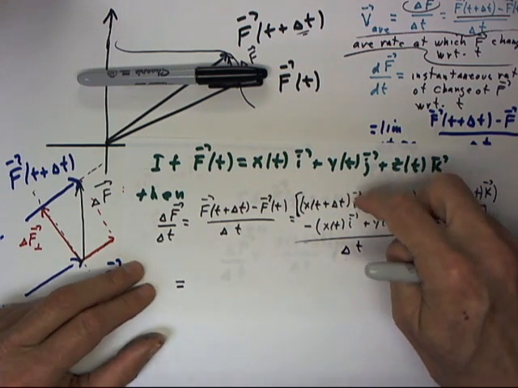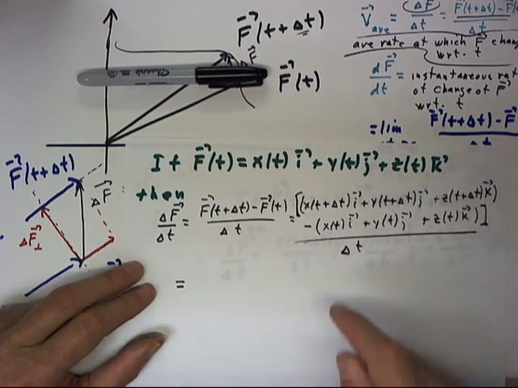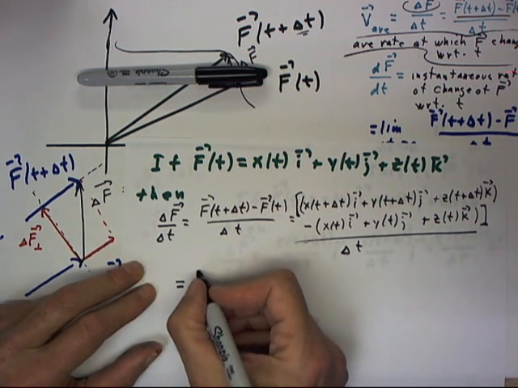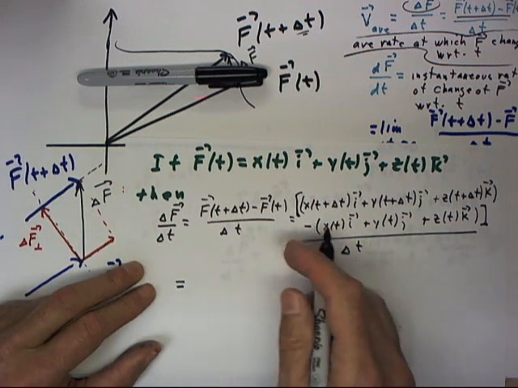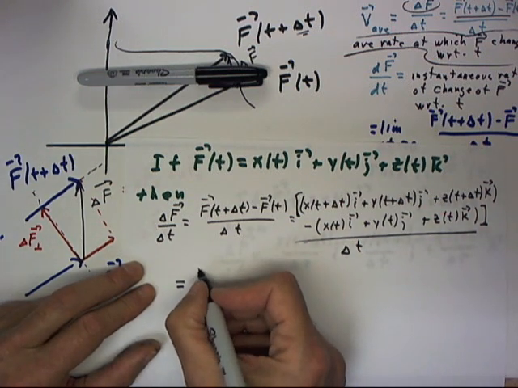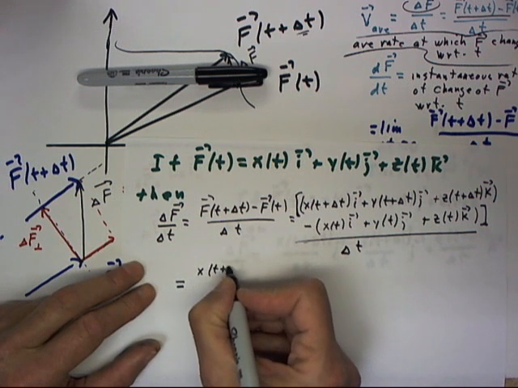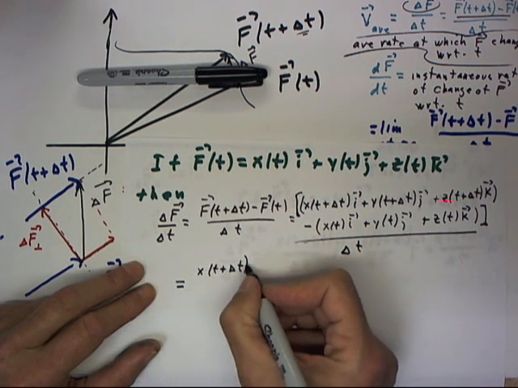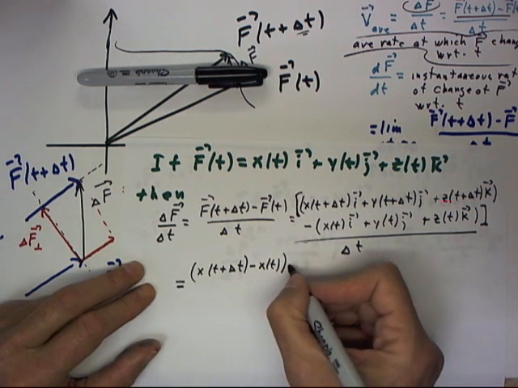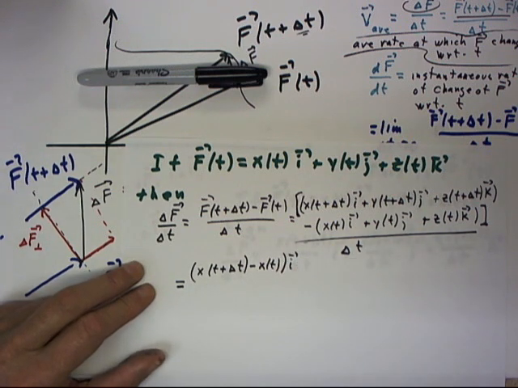Now, we can combine our i components. Very clearly, if we add the i component here to the i component that we get here, I am skipping a step, I haven't distributed the negative through there, but I think we understand that that's going to happen. We're going to get x of t plus delta t minus x of t multiplied by i.